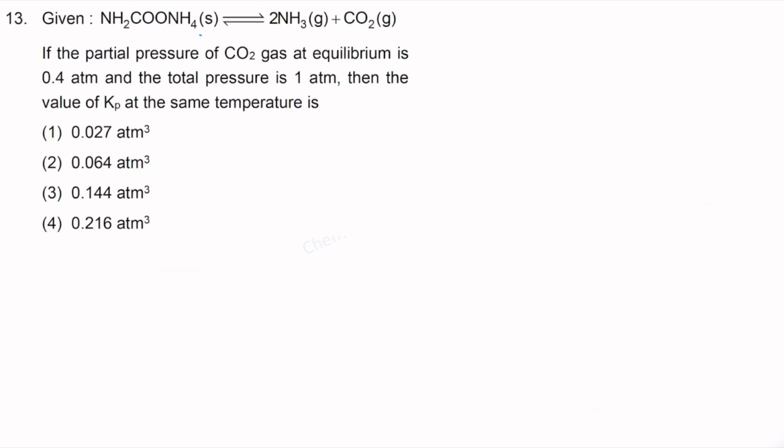Ammonium carbamate solid is getting dissociated as ammonia and CO2 gases. If the partial pressure of CO2 gas at equilibrium is 0.4 atm and the total pressure is 1 atm, then the value of Kp at the same temperature would be how much? First of all, this is a heterogeneous equilibrium because a solid is getting dissociated as gases.